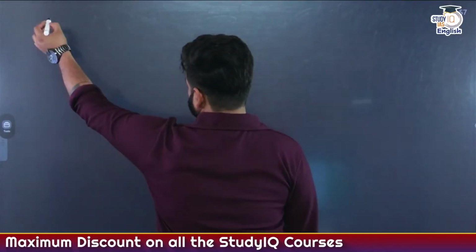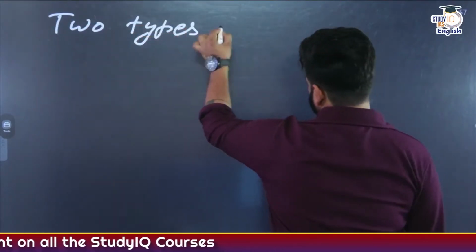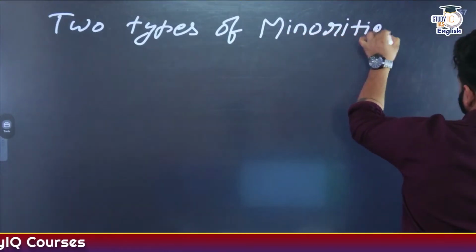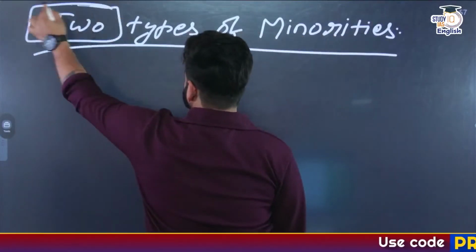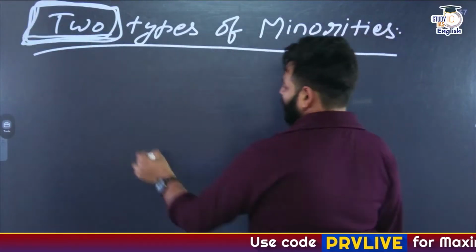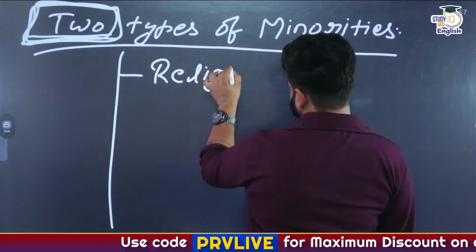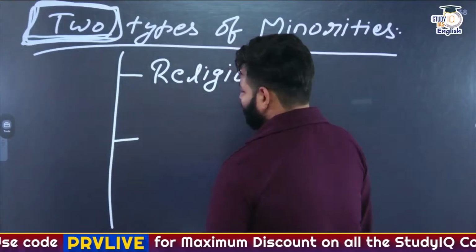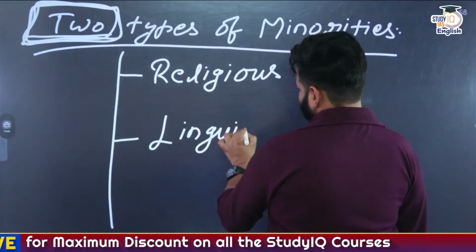The Constitution of India identifies only two types of minorities. Be very specific. The Constitution identifies only 2 types of minorities and not beyond that. What are these 2 types? Firstly, religious minorities. And secondly, not caste, custom, color, or creed based, but based on language, that is, linguistic minorities.